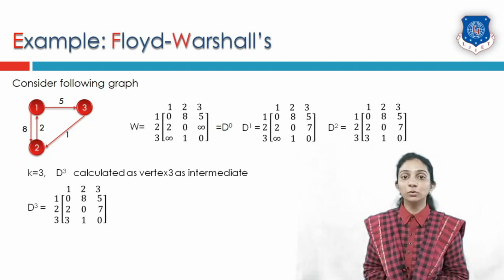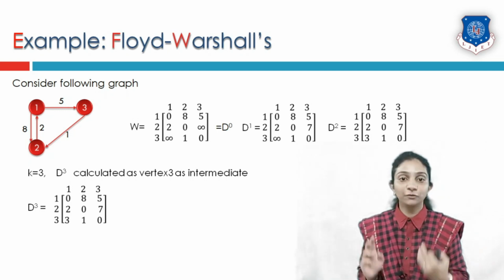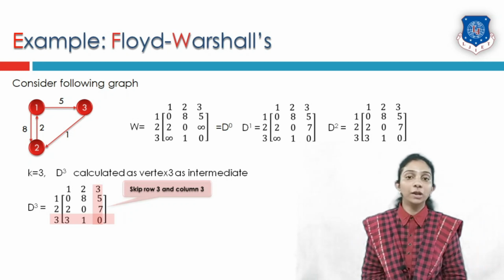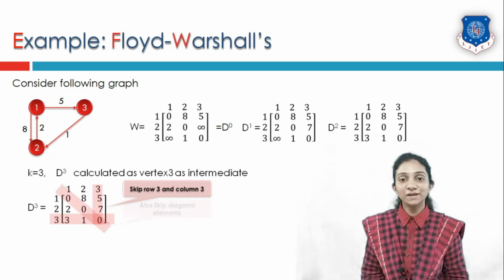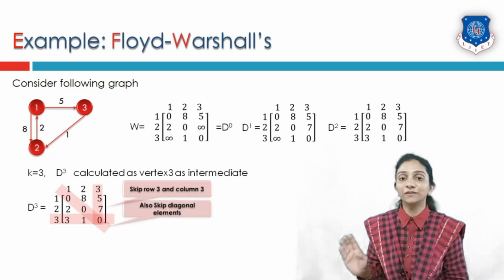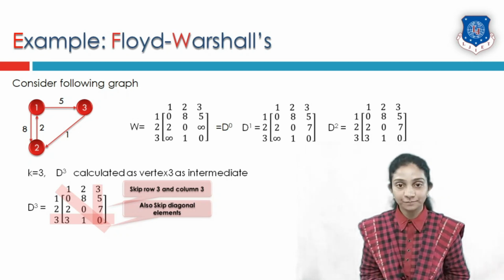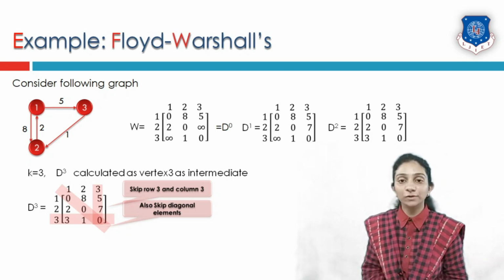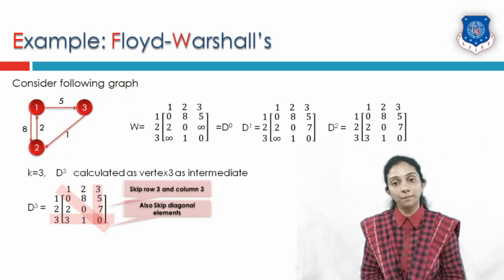Now from D2, since this is distance matrix number 3, we are going to eliminate row number 3 and column number 3, as well as skip diagonal elements. So we are left with only two cells, that is cell number 1, 2 and cell number 2, 1.